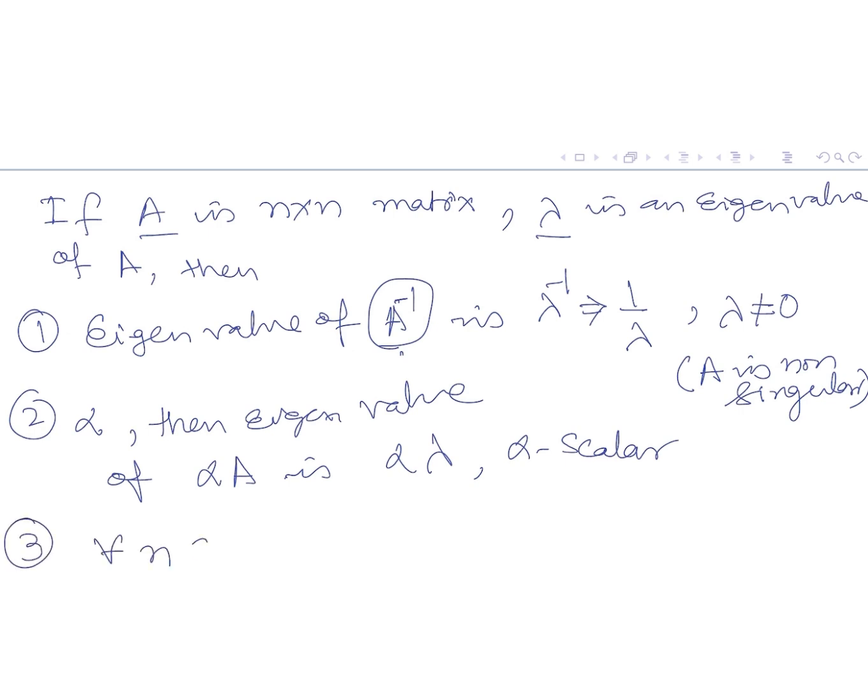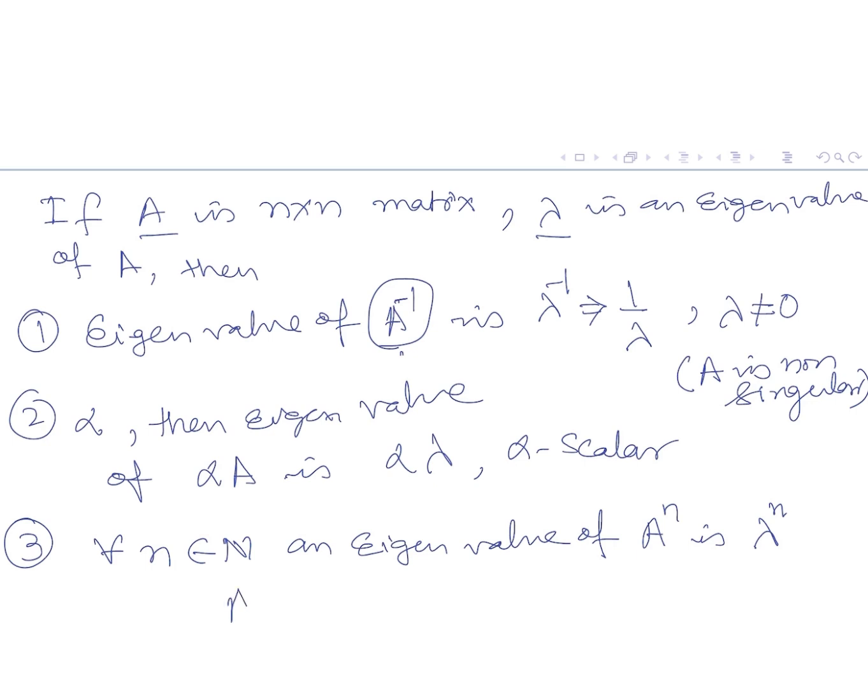Third property: for all n belonging to the natural numbers, an eigenvalue of A to the power n is lambda to the power n, right?